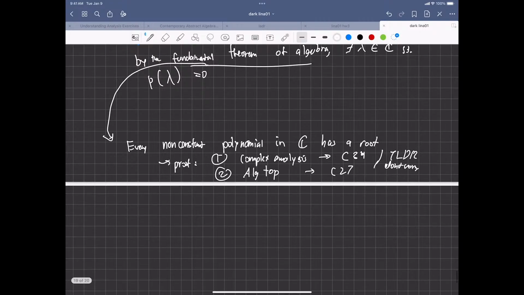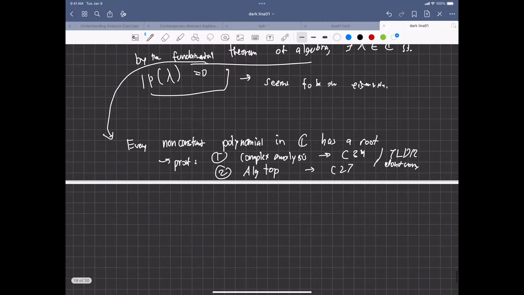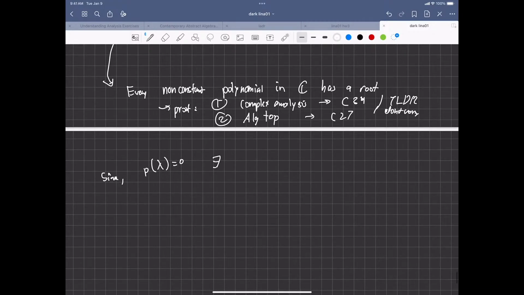So by the fundamental theorem of algebra, there is a lambda in C such that P of lambda is 0, right? So this lambda here seems to be our eigenvalue. So what does it mean? Since P of lambda equals 0, we can do polynomial division.